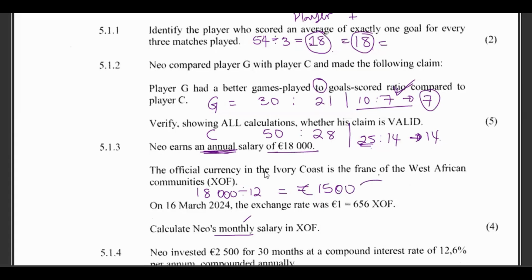Now, you need to change it to XOF, which is €1, so we multiply by 650. So he earns 984,000 XOF.